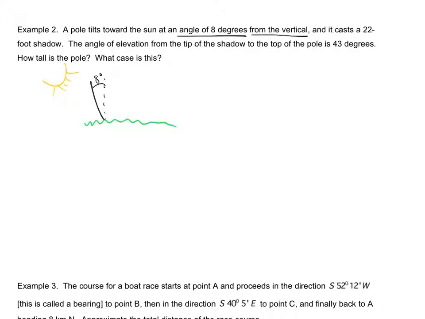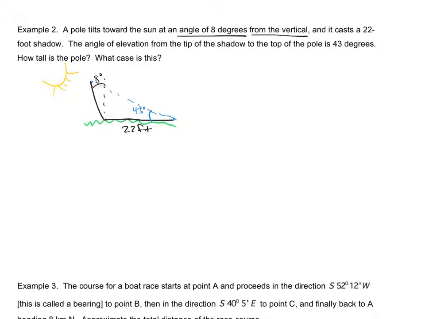It casts a 22-foot shadow. So 22 feet is our shadow. The angle of elevation from the tip of the shadow to the top of the pole, that angle is 43 degrees. And we want to know how tall the pole is and what case this is.